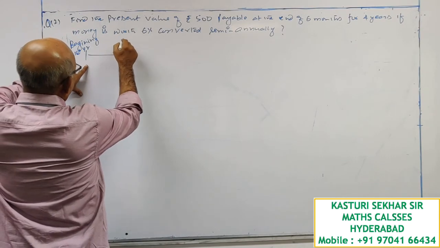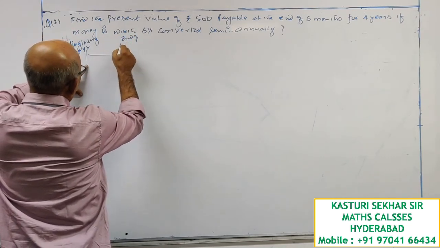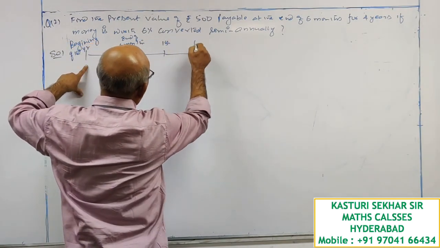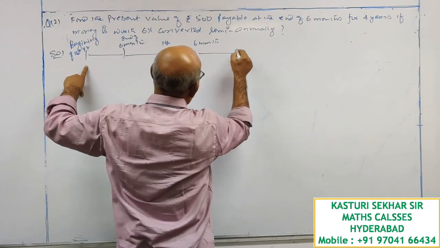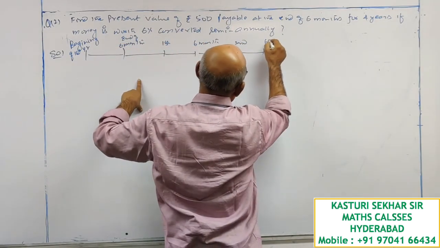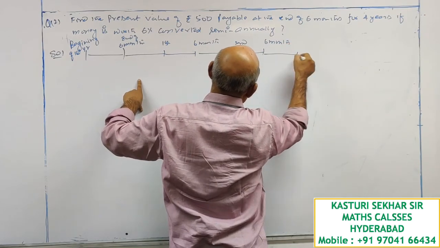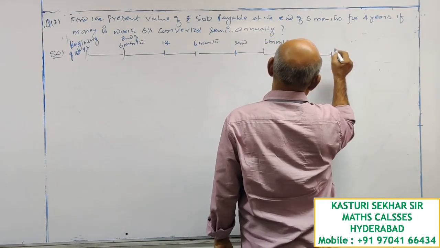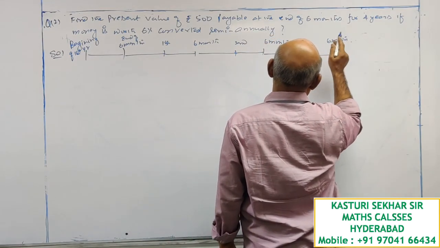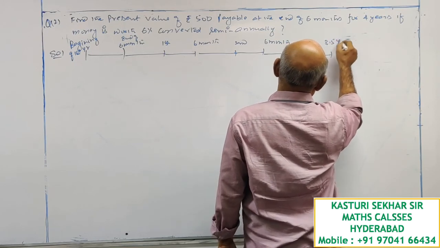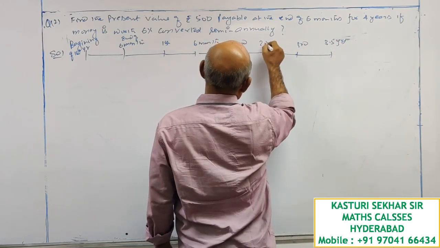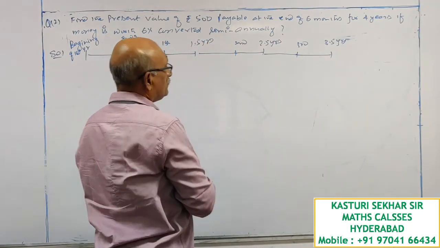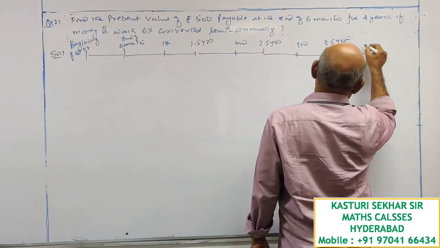So end of 6 months, again end of first year, again end of 6 months, end of second year, end of 6 months, end of third year. This way payments for 4 years. Again end of 6 months means 3.5 years, 2.5 years, 1.5 years, and this is end of 4th year.